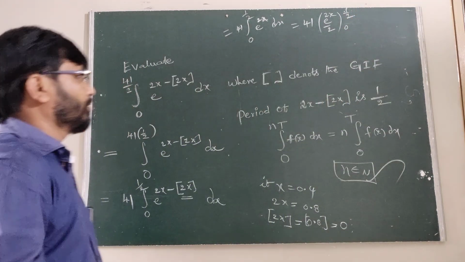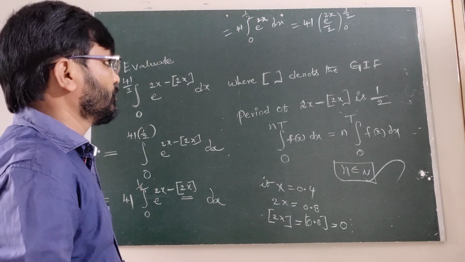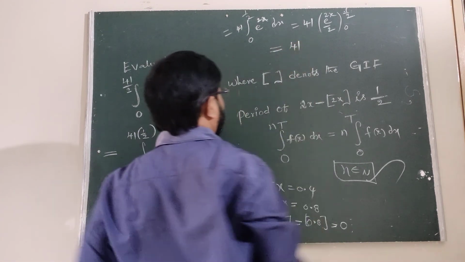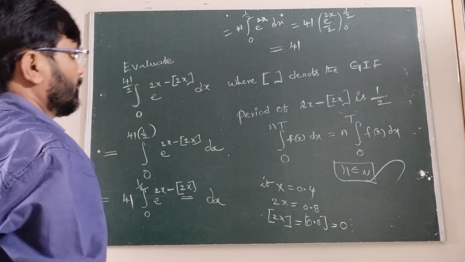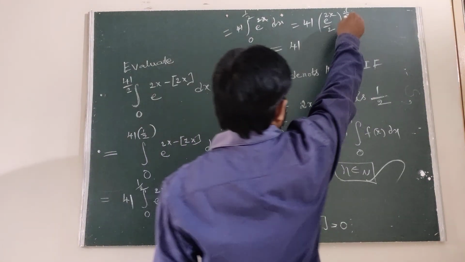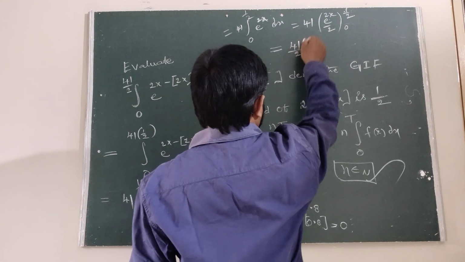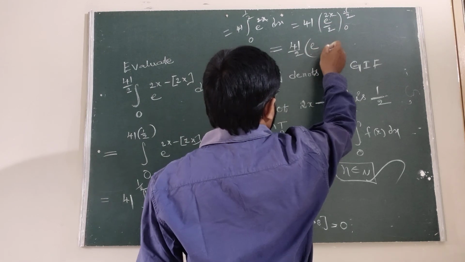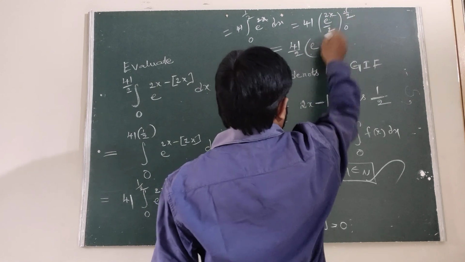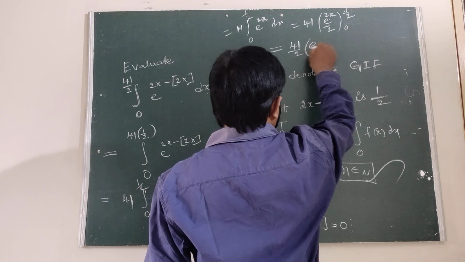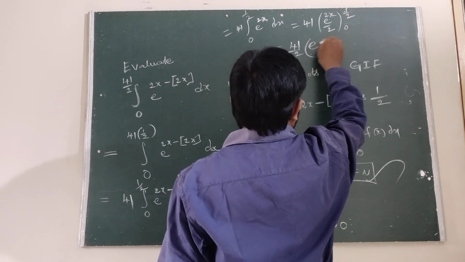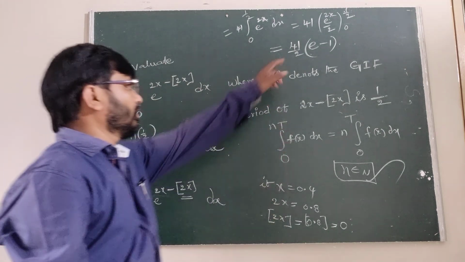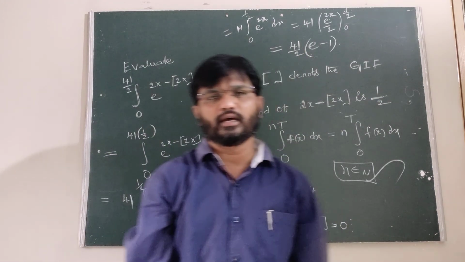Putting x equal to 1 by 2, the 2 cancels and this is e, minus e power 0, which is 1. Therefore 41 upon 2 into e minus 1 is the answer. Okay.